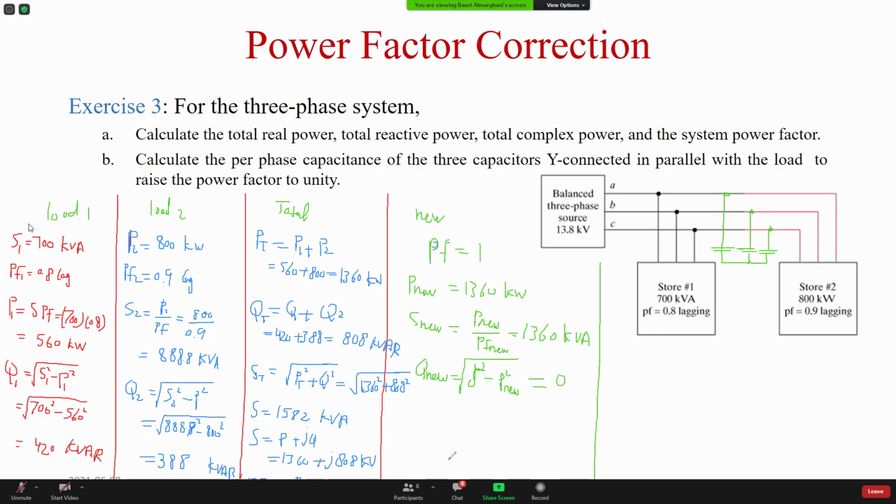So from here we can find QC, which is Q old minus Q new. Q old is 808, the total here, minus 0, so it's 808 kilovolt ampere reactive.